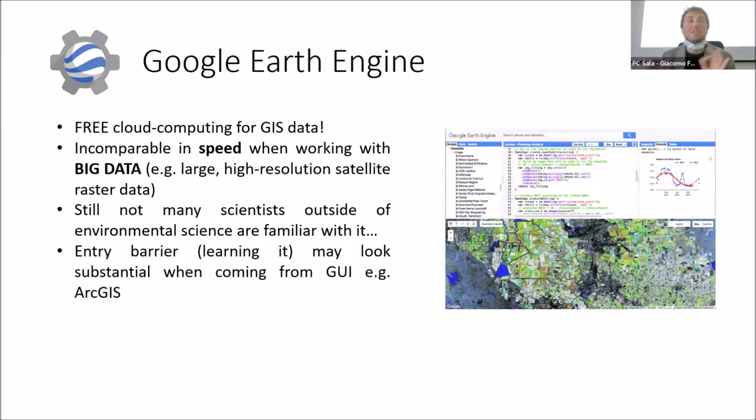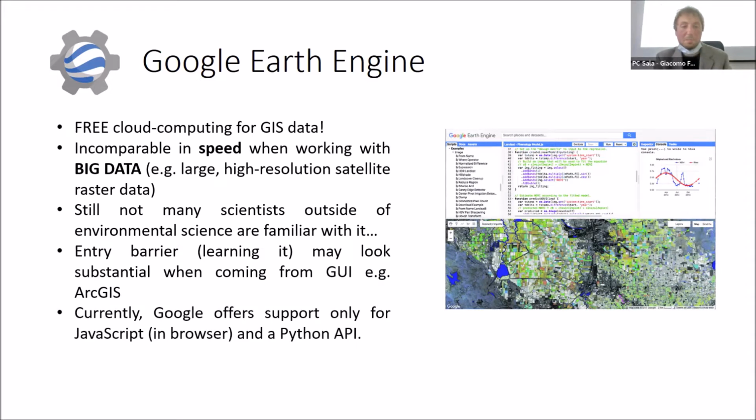It's a bit different from your usual coding or GIS software that maybe you're used to. In particular, because in this browser-based interface, it works in JavaScript, which is a language that, at least myself, I was not very familiar with, although it's quite simple after all, but it's not something that usually researchers have a lot of experience with.